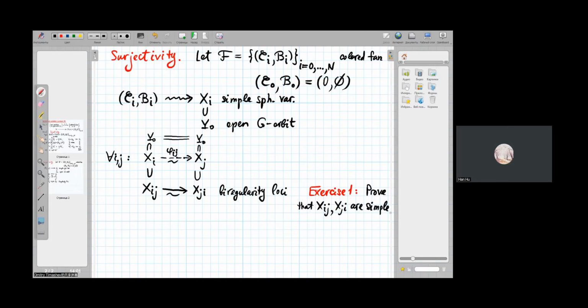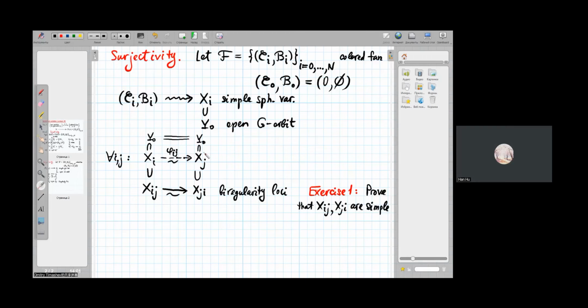The condition for the proof is that they are the largest biregular isomorphic open subsets in here and in here.